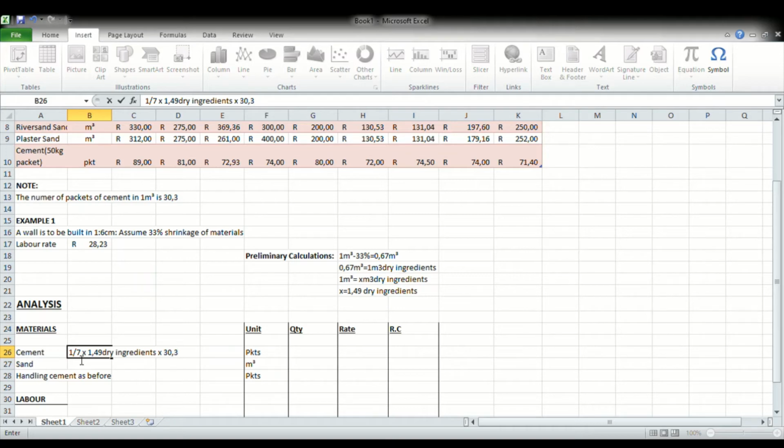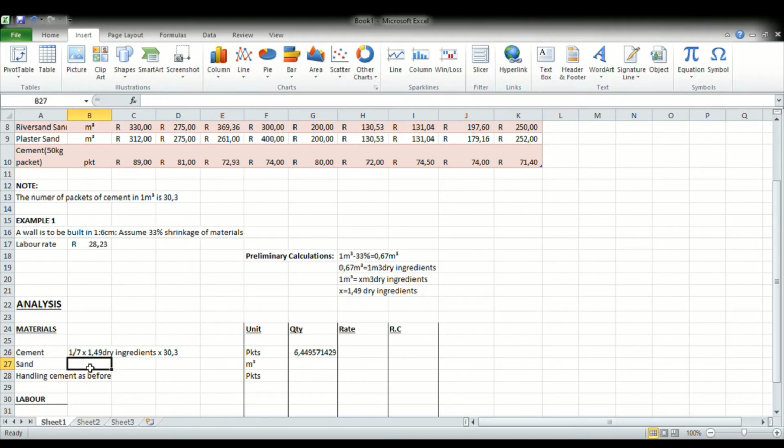That gives us a total of 1 divided by 7 multiplied by 1.49 multiplied by 30.3, which gives us 6.44. We'll just work the decimal places.